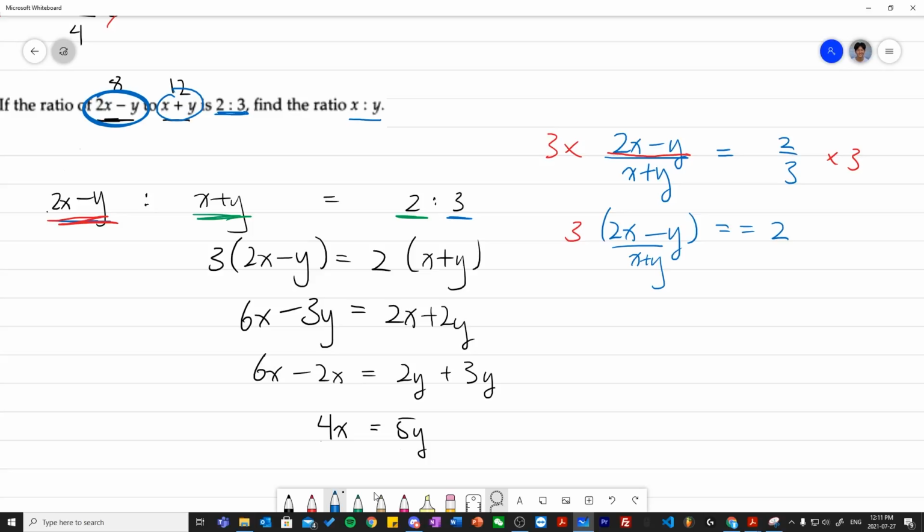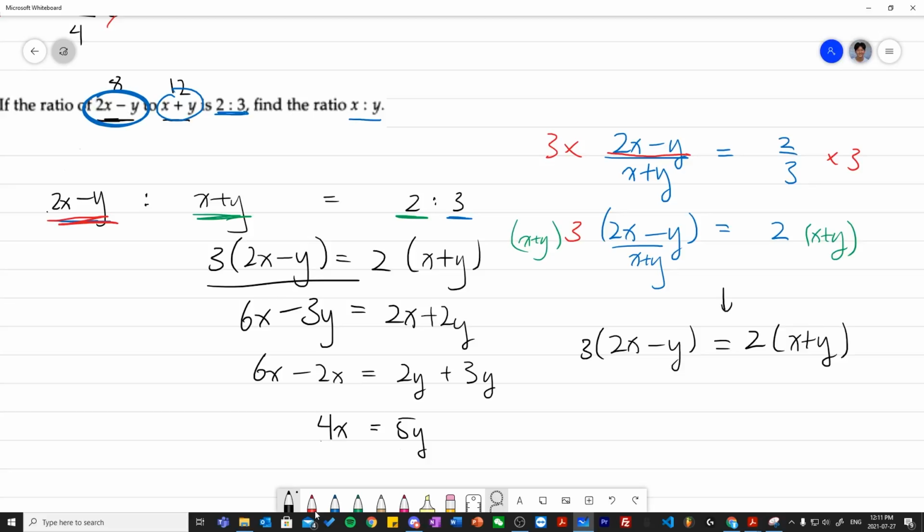And then all we have to do is multiply both sides by x plus y, and you'll see that what we end up with is 3 times 2x minus y equaling 2 times x plus y.